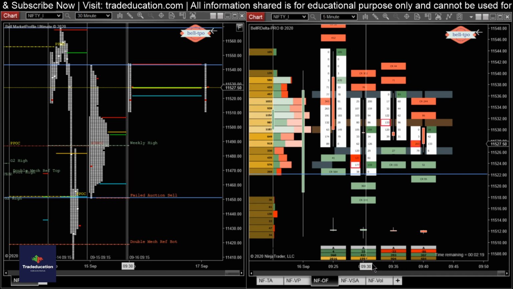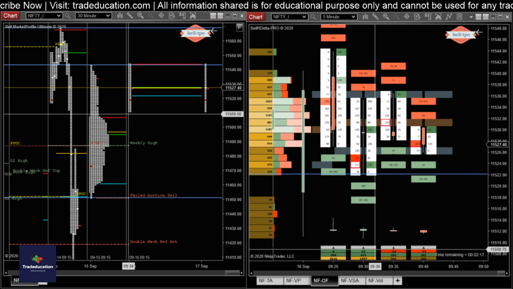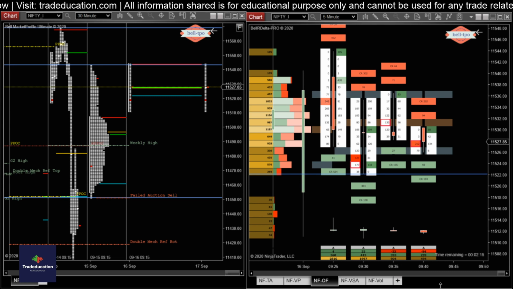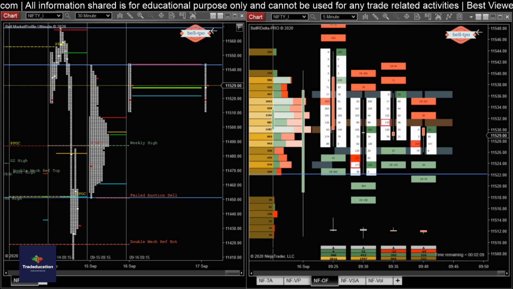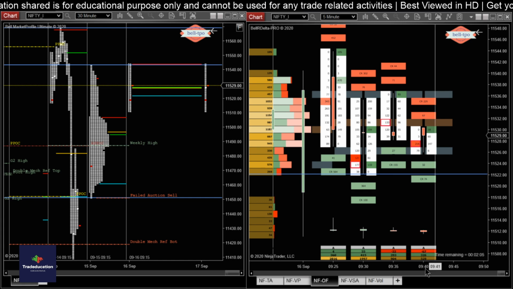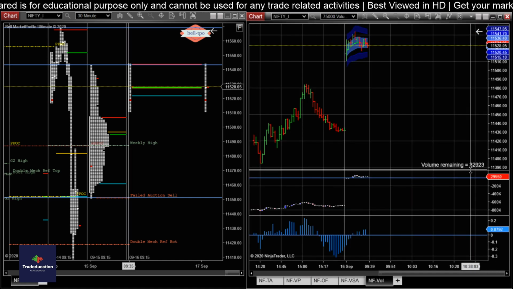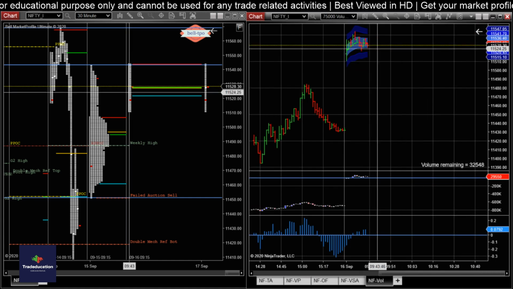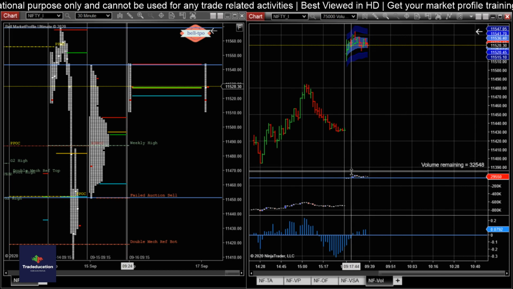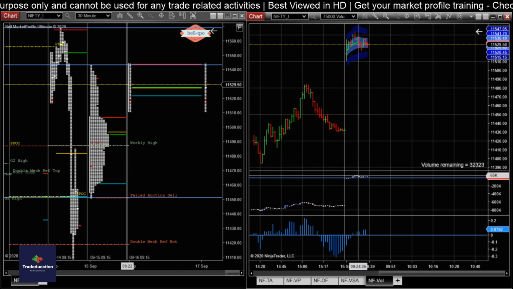Volume is drying up, not a good sign. Here also it's going below VWAP. Delta is flat, turning flat.